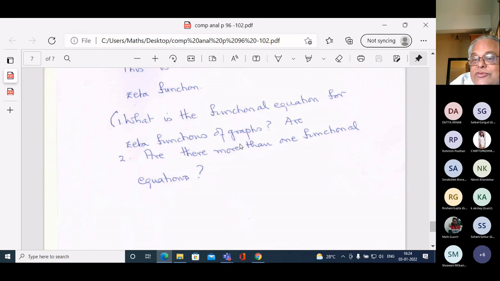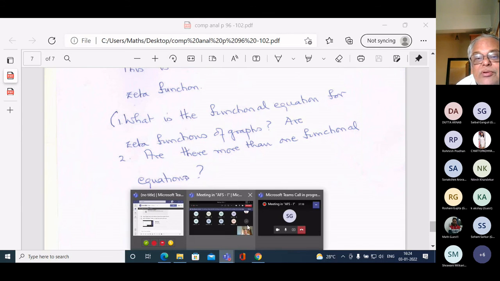Are there any others? Okay. I don't really know the answer to that question, but I would expect that there should be some other functional equations for zeta functions, but I don't really know. So anyway, this is the reason why I wanted to do this.